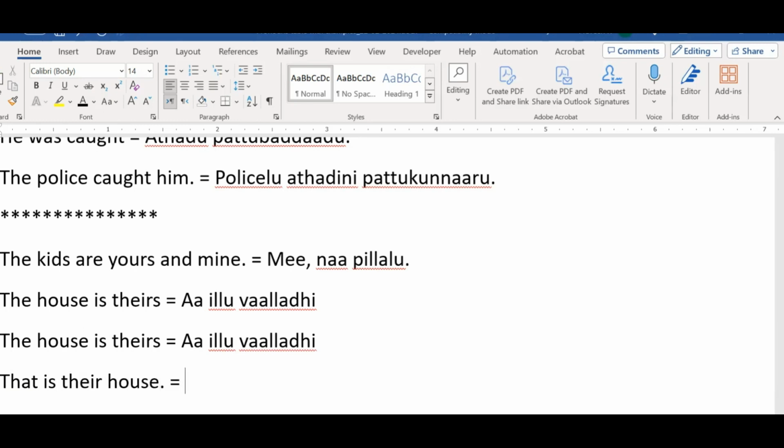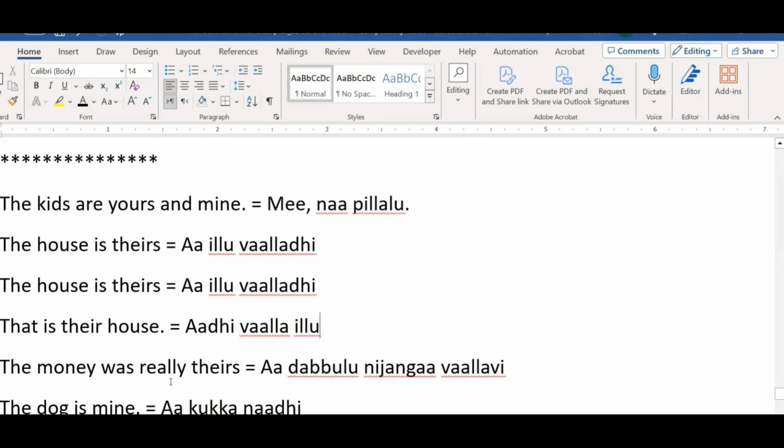Look at the difference. Aadi Walla Illu. When we say their house, the meaning will be Walla Illu. When we say the house is theirs, the meaning will be Aa Illu Walladi. A little variation.